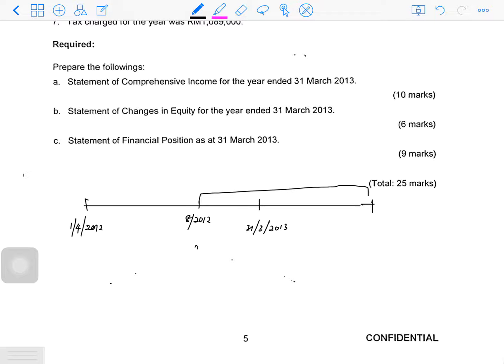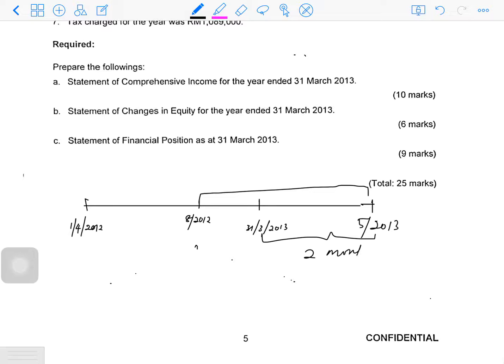Mana May, kan? So here should be May 2013. It's for 10 months. So maknanya your year end is here. Okay, how many months is here? 31st March, kan? Maknanya bulan 4, 5, 2 months.